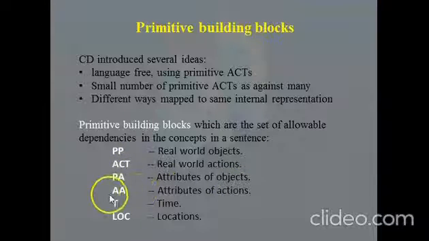Then the attribute of actions can be represented as AA, time represented with T, locations with LOC. And just bear in mind all these things. It's not necessary to learn them by heart. With some examples, you will be getting a clear idea about how we can make the concept into a single form, making some similar concepts into a single form.